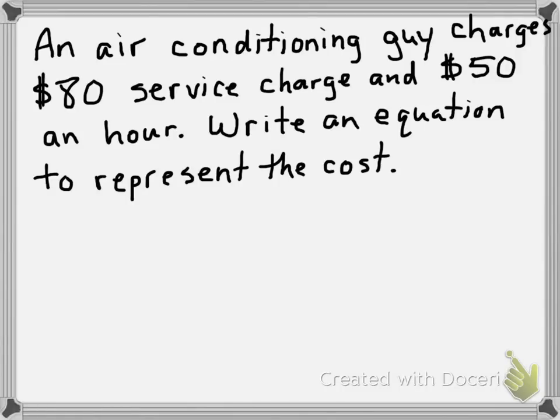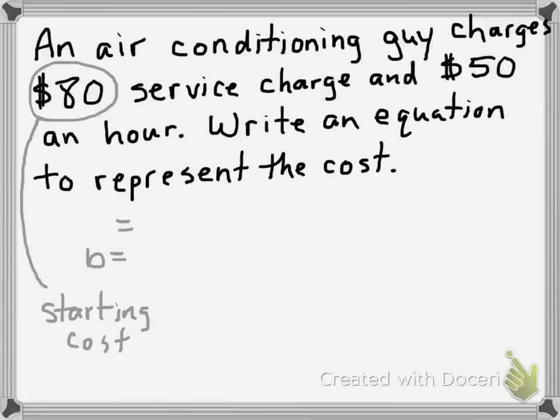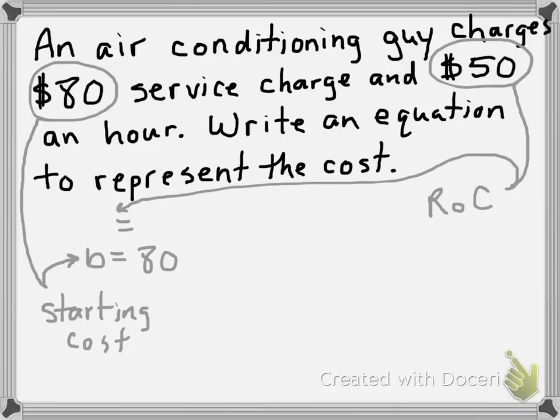Okay, so you've still got to find the m and the b. As you see, the starting cost is your 80. That's b. Your rate of change is 50, and that's m.